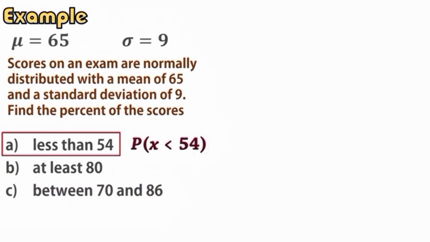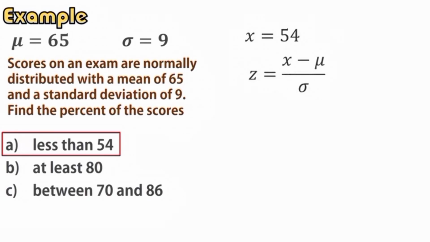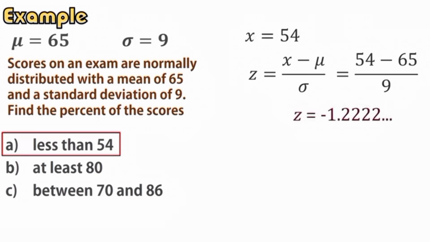So P of X is less than 54. To calculate it, we use the formula: 54 minus 65 divided by 9. So the answer will be negative 1.2222. However, we still have to round off, so it will become negative 1.22.